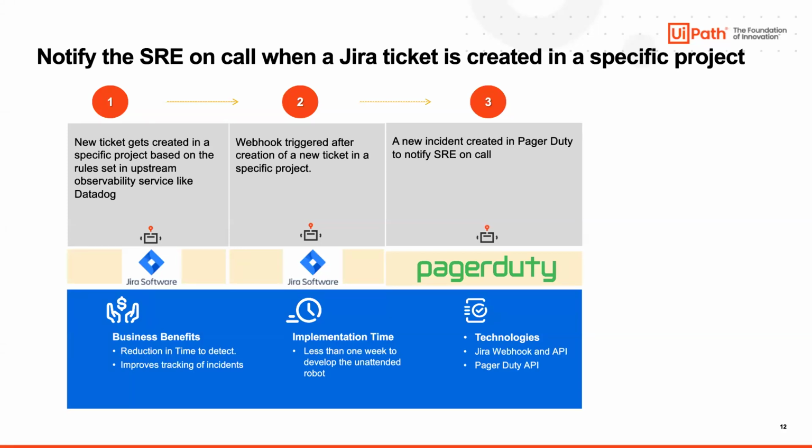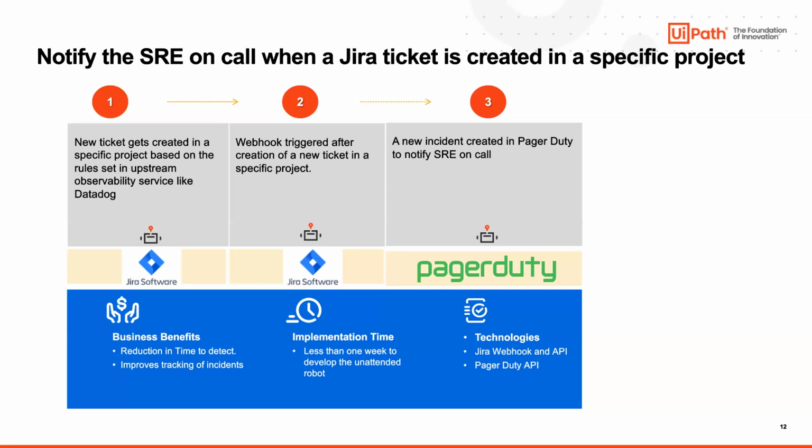Now, even though we are discussing a ticket getting created in Jira, the actual use case would be the ticket itself getting created in Jira based on some upstream observability service like a Datadog. And based on that change, a ticket gets created.